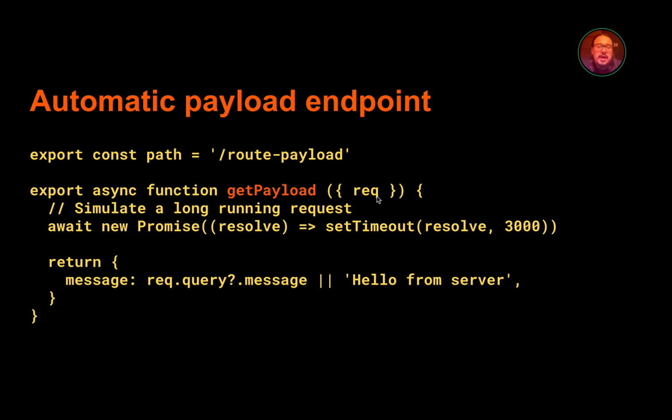So you get automatic dependency injection and server only injection. So if you have fastify reference in the context, you can be sure that that's only going to be available on the server. And this is what get payload does. This function will always run on the server.